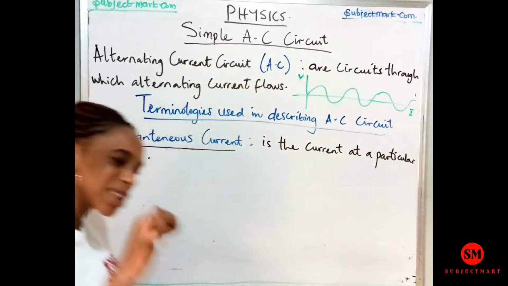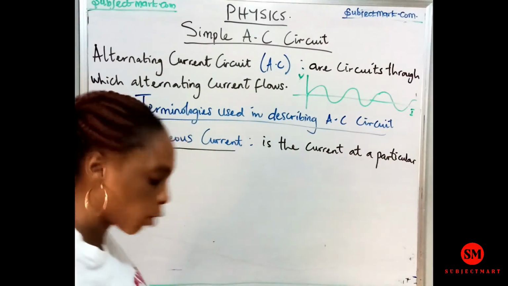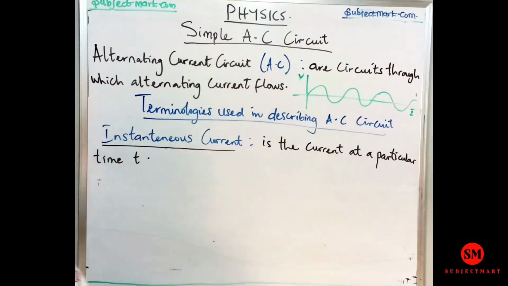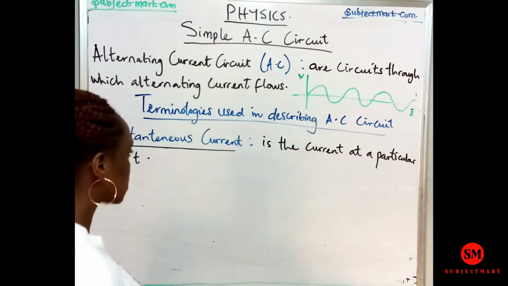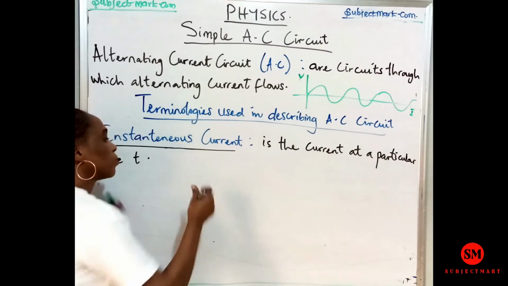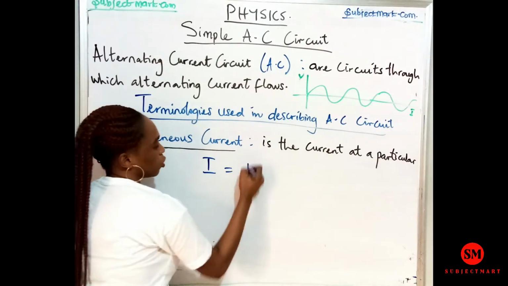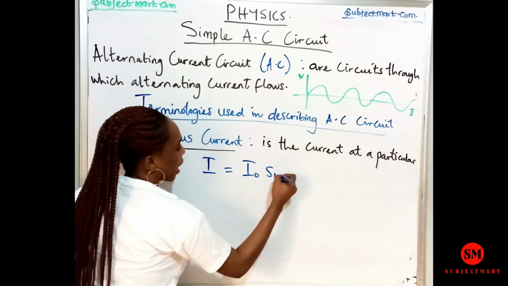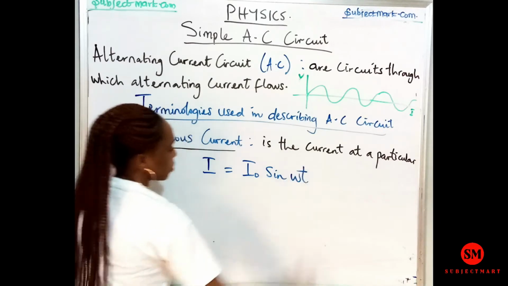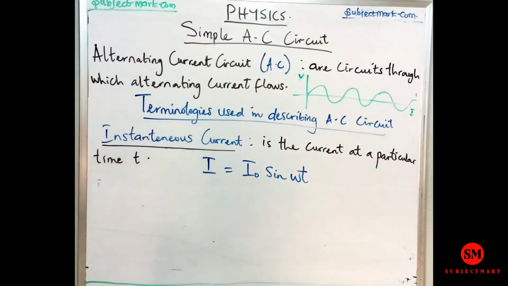The current at a particular point in time. That's what instantaneous current is. And it's given by I = I naught sine Wt.